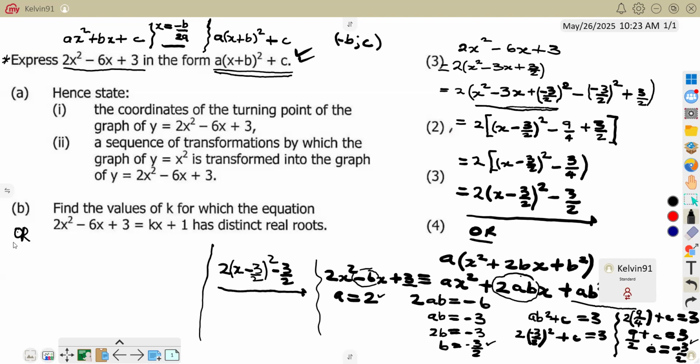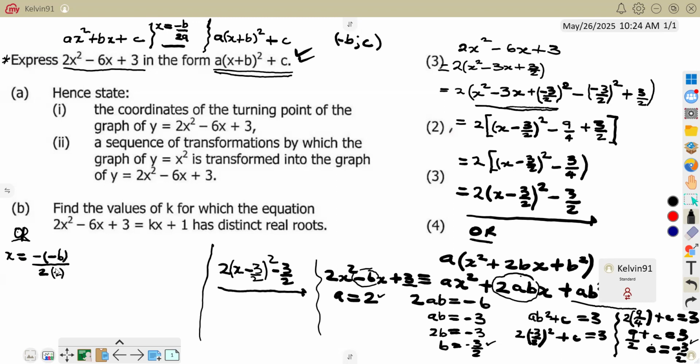Using the format of what we are given, we are going to check what is the x coordinate at turning point. So x at turning point is equal to, from the formula, minus b over 2a. What's our b? Our b is negative 6 there, all over 2a. What's our a? A is the coefficient of x squared, 2 here.